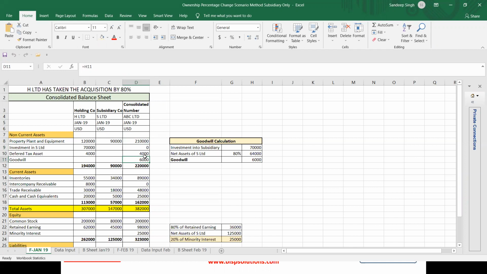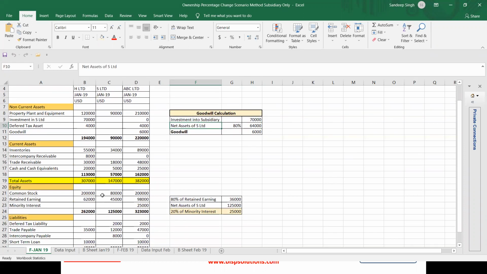The goodwill number is calculated, that is 6,000. The investment made by the parent into the subsidiary is 70,000, and the net asset of S Limited, that is common stock excluding the current retained earnings, is 80,000. If I calculate 80% of 80,000, this amount is 64,000, so the 6,000 number comes for goodwill.